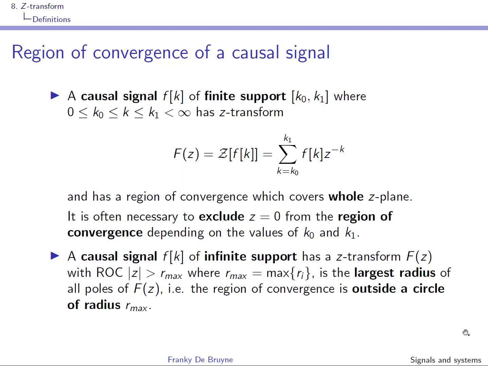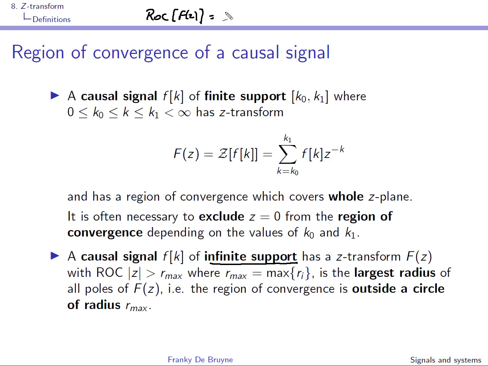Well, let us now look at the region of convergence of a causal signal of infinite support. The first thing that we can do is have a look at the definition of the region of convergence that we had obtained previously.